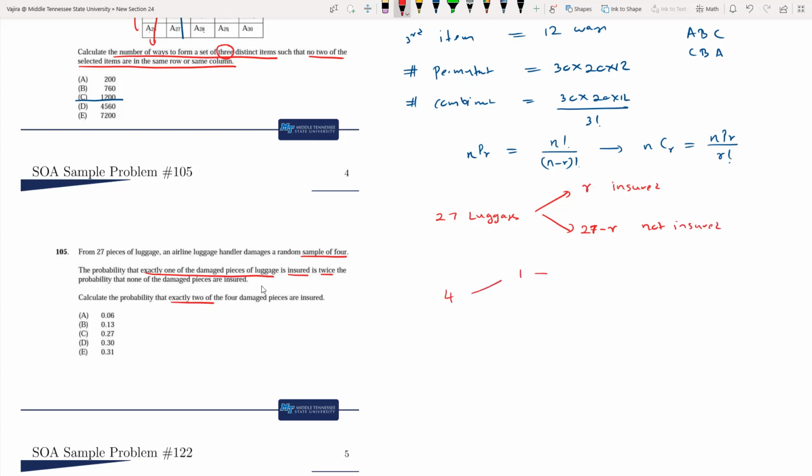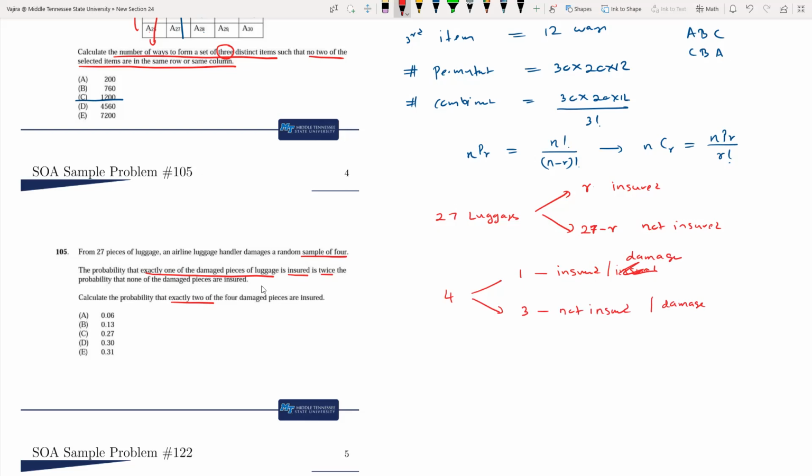From the 4, we need one to be damaged and insured, and 3 to be damaged and not insured.